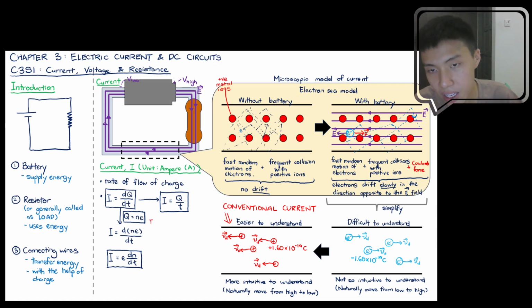Okay, I here is current. What is Q? What is N? And what is E? Is that everything that I want to discuss? I, Q, N, E. Oh, there's one more thing, dN/dt.